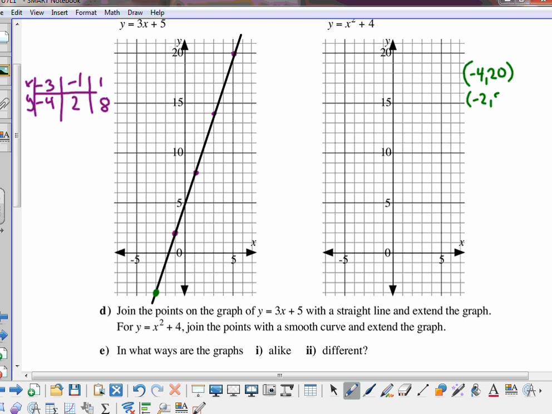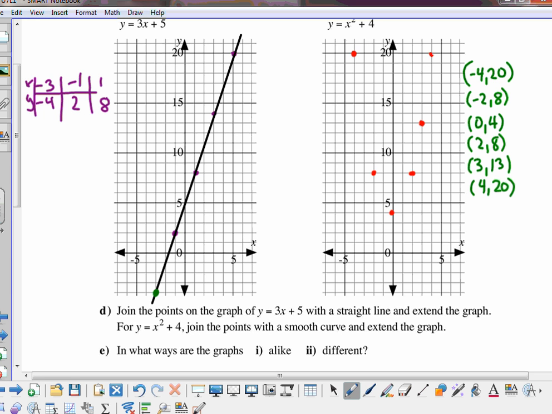Negative 2 and 8. 0, 4. 2, 8. 3, 13. 4, 20.